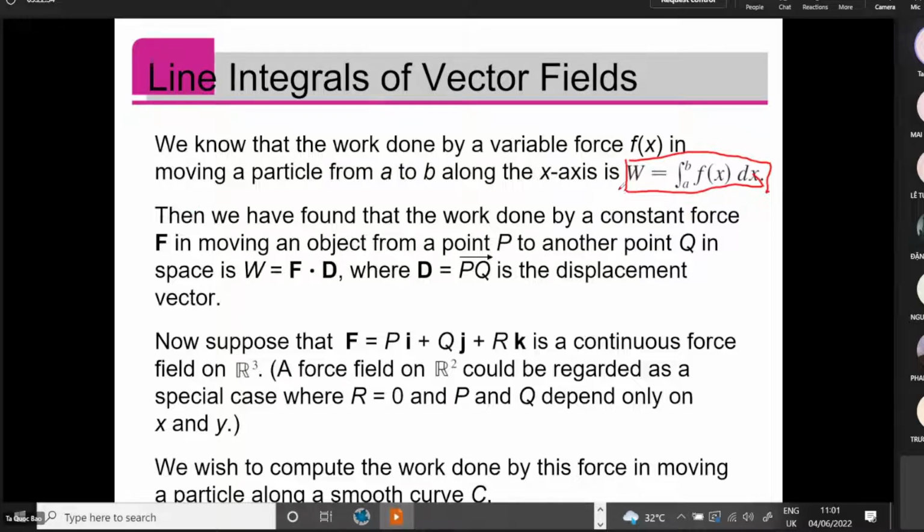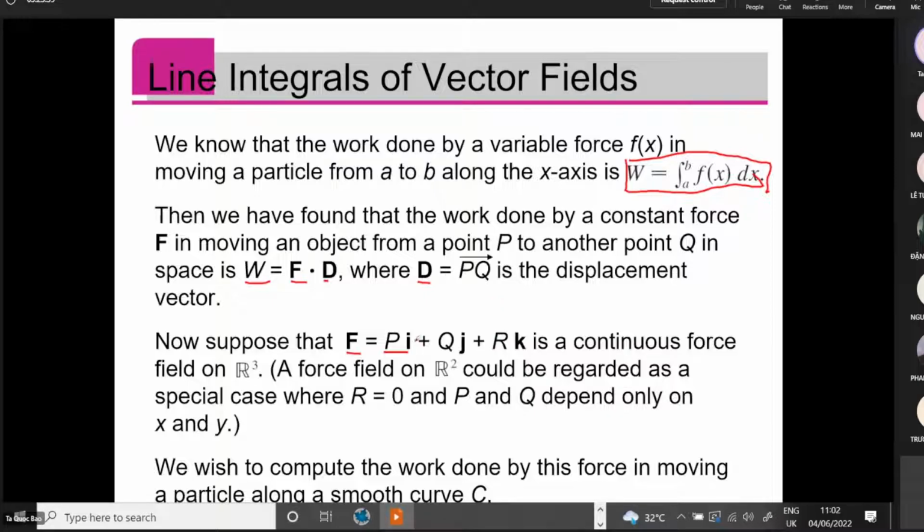Now an extension of this integration. We found that the work done by a constant force F in moving an object from a point P to another point Q in space is W equal to the dot product of the vector F with D, and here D is the vector from P to Q. Now, because F is a vector field, F is equal to (P, Q, R).